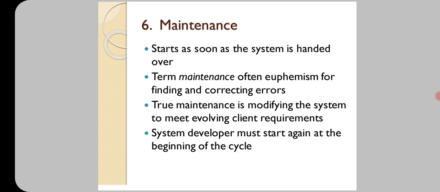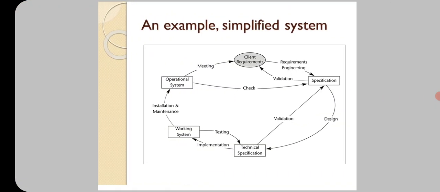Next, the system developer must start again at the beginning of the cycle. In the maintenance phase, if any errors or bugs are found, the developer starts from the beginning to resolve the issues or problems in the system.